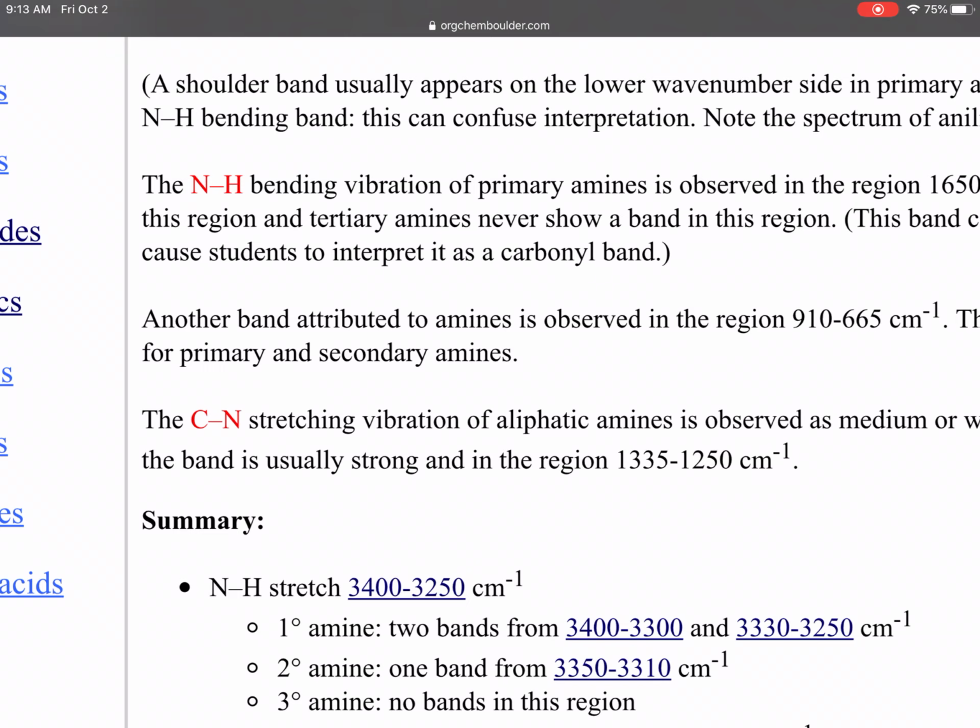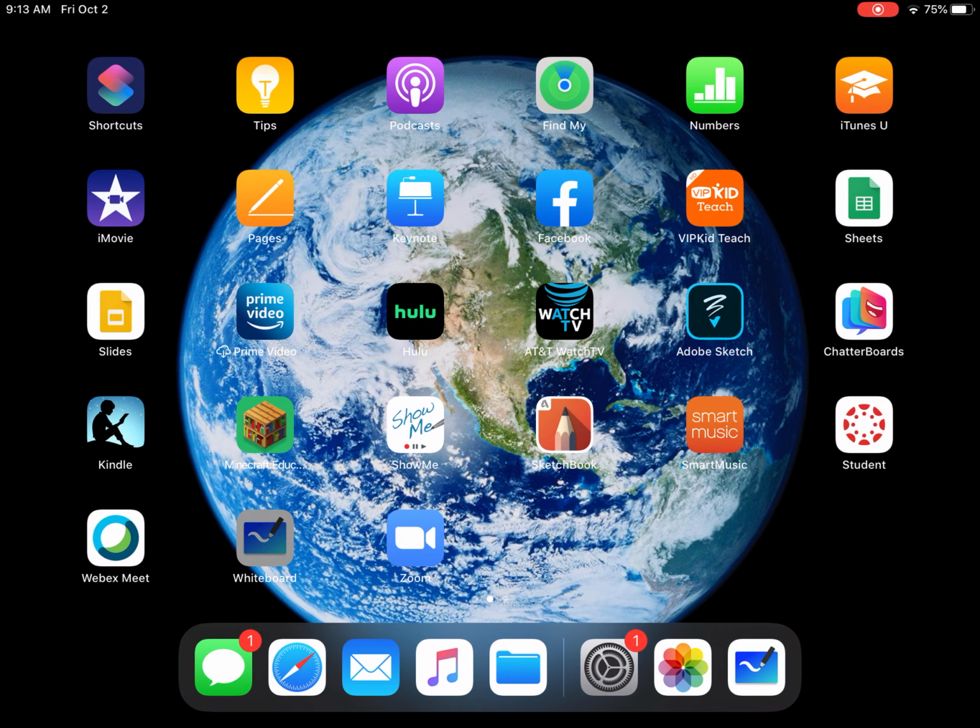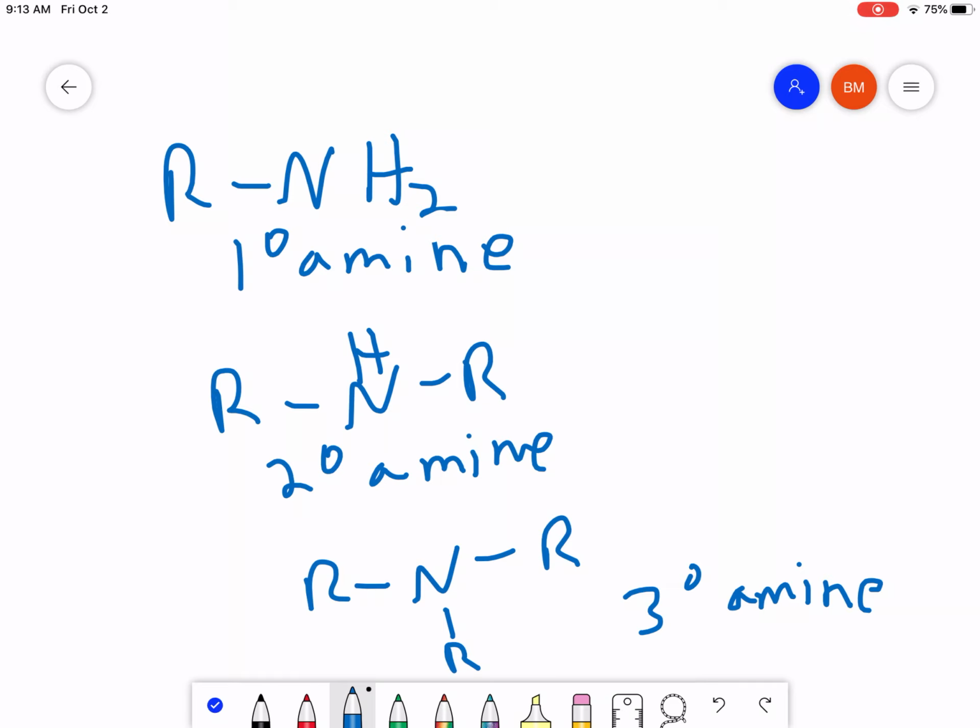One interesting thing about the NH stretch is that it appears differently between primary, secondary, and tertiary amines. For the primary amine, we see a pair of peaks.